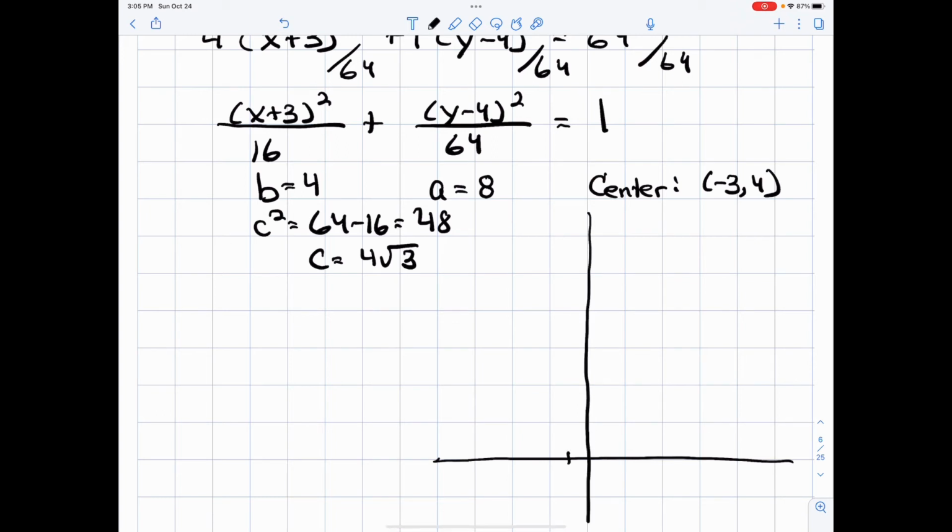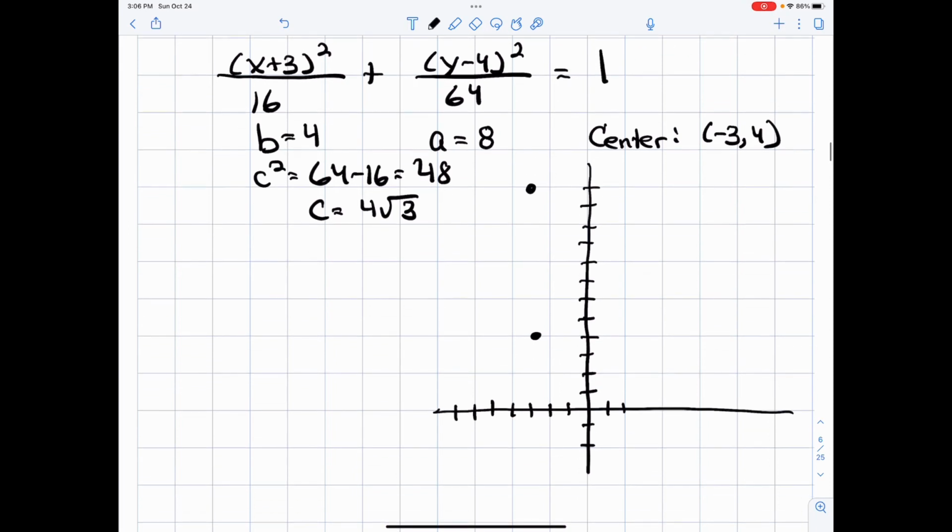And so if I go by 2's, -3, 4 is right here. a is 8, so we're going to go up there, which is at 12. And then we're going to go down there, which is at -4, because a is 8.